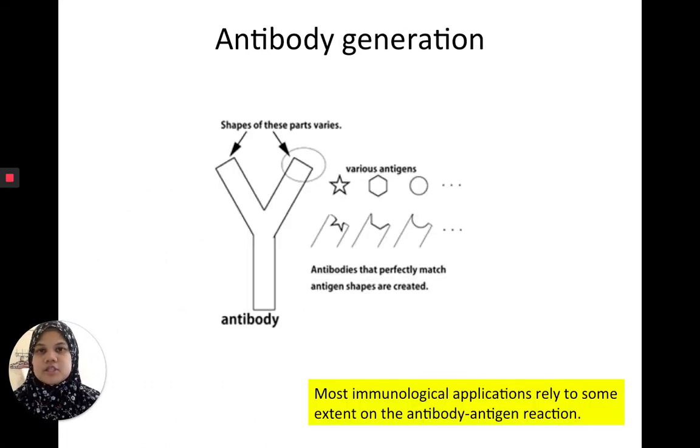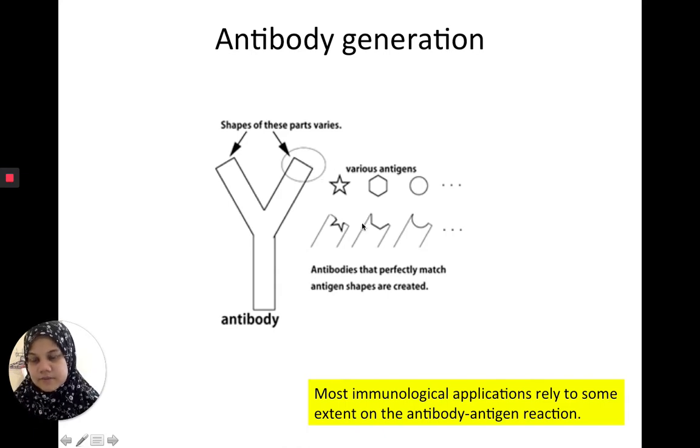So again, as I mentioned, a lot of the immunological techniques rely on the antibody-antigen reaction. At some point, they will need to use that because that's the way you're able to detect and recognize different molecules. So it goes back to this idea of the antibody having the variable parts in the arms, or the FABs, and this variable part gives you a huge amount of potential.